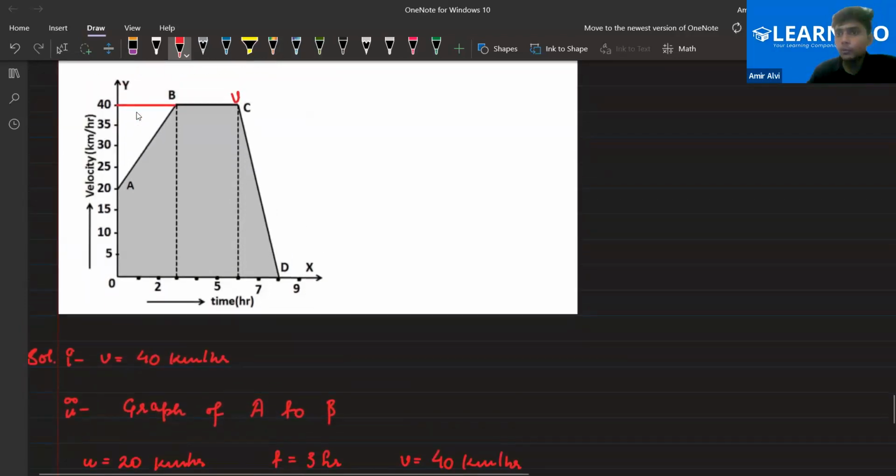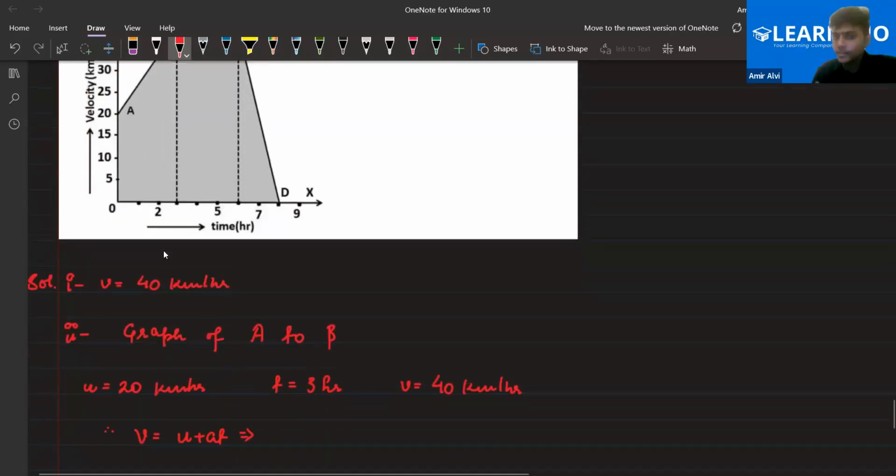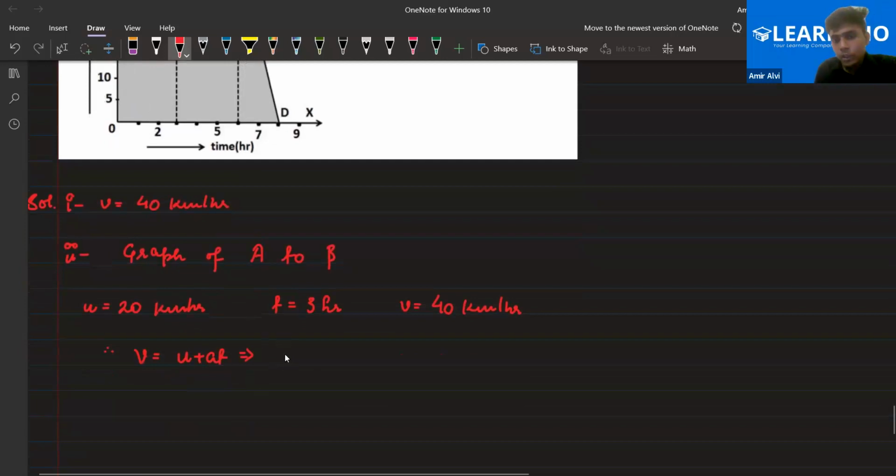We have done method one using the graph. You could use the slope formula, that is, slope equals the velocity at point B minus velocity at point A, divided by the time taken to complete this interval. I'll show you another method as well. Velocity: v equals u plus at, so 40 equals 20 plus 3t.